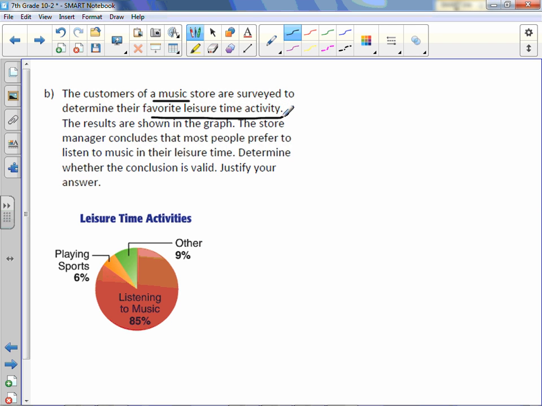That right there, I can tell you, is a convenience sample. They are conveniently asking the people in the music store. It's also biased because if you're asking people in a music store what they like to do in their spare time, most of them probably enjoy listening to music. Thus the reason they're in the music store. So this is a convenient sample.